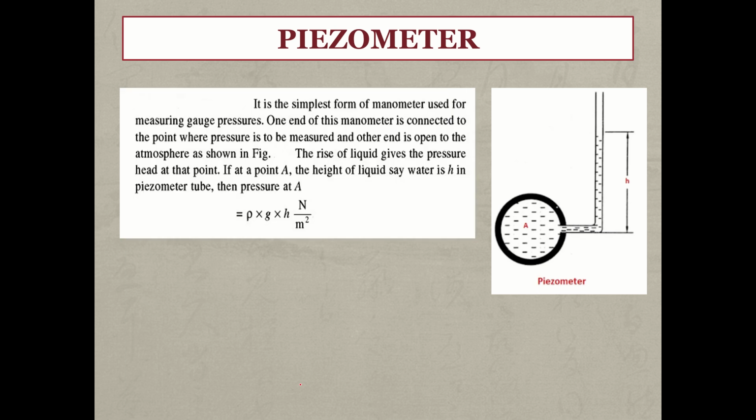You can see one end of the manometer is connected to the point where pressure has to be calculated, that is at A, and the other end of the manometer is open to the atmosphere. Because of the pressure at point A, the liquid level has risen to a height of h. Therefore, the fluid pressure at A can be calculated by using the formula rho into g into h, where h is the height of rise of liquid in the manometer.